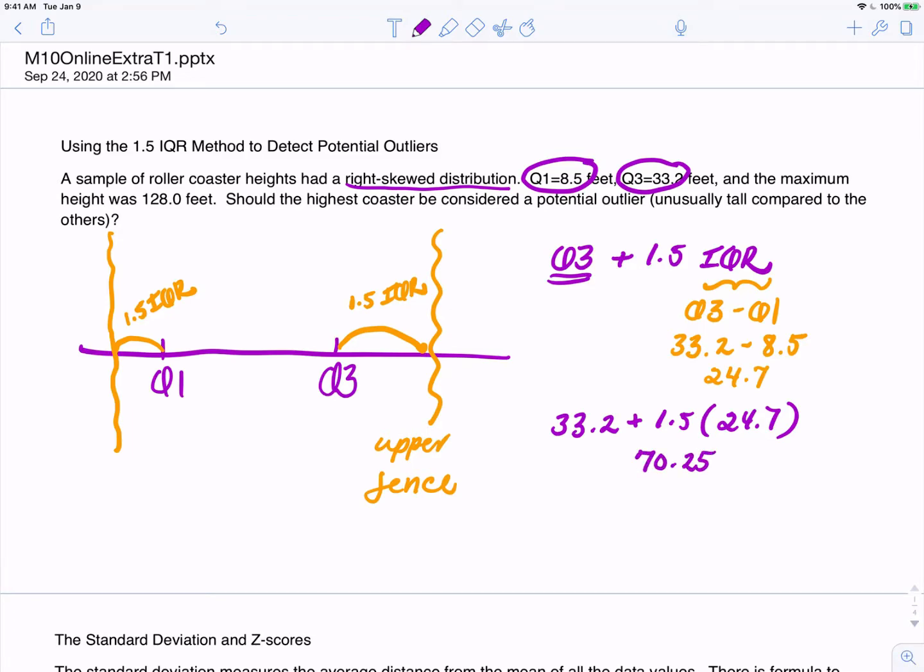So the upper fence is located at 70.25 feet. And so anything out here above that is considered a potential outlier. In other words, unusually high. And so 128 is definitely beyond 70.25, and so we would consider it a potential outlier. And that's the 1.5 IQR method.